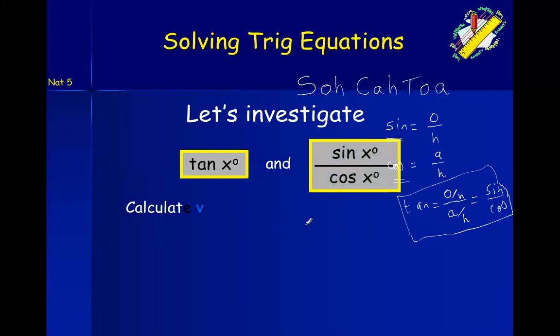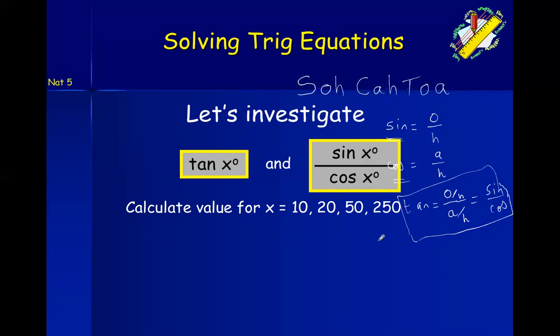If you were to investigate again, I would ask you to put 10, 20, 50, a few values of angles, and you'll see that sine 20 divided by cos 20 is tan 20. Sine 45 divided by cos 45.